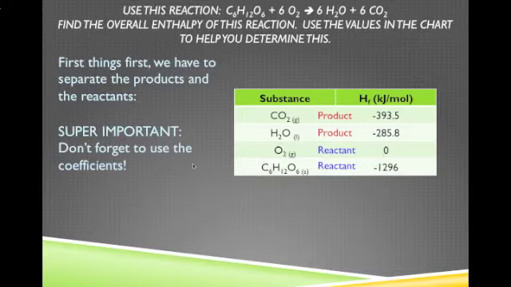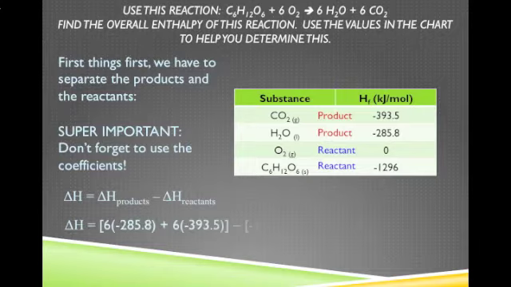Very important to realize. So I'm going to use this formula right here, and I'm going to plug in these numbers. Now don't panic when you look at this the first time. Let's see what's happening. This first set of brackets is the products. The second set of brackets are the reactants. Right here, this 285 came straight from the chart. I have 6 waters, so 6 times that, and I have 6 carbon dioxides. So I'm going to put those together.